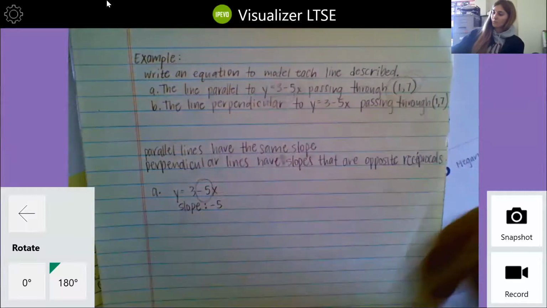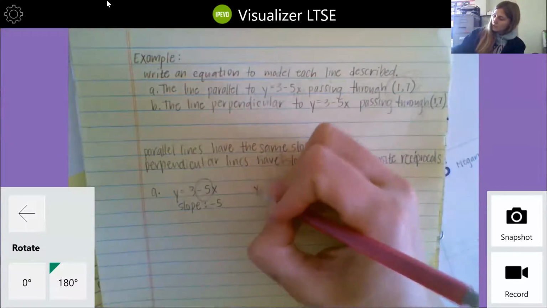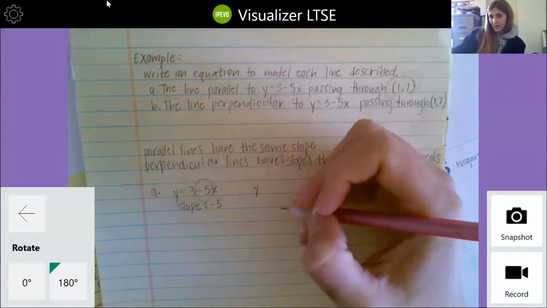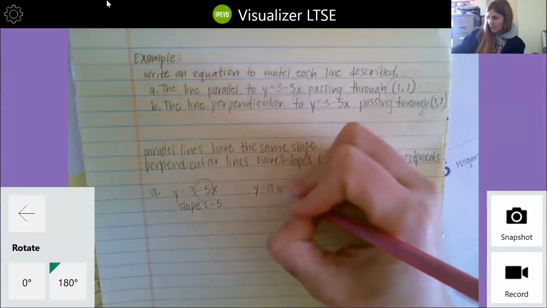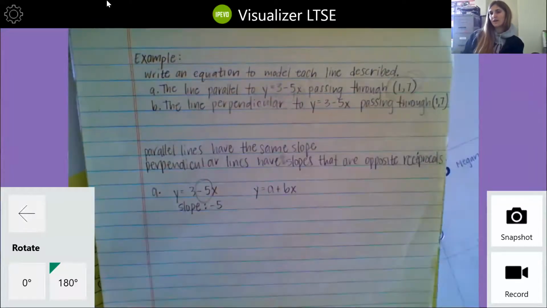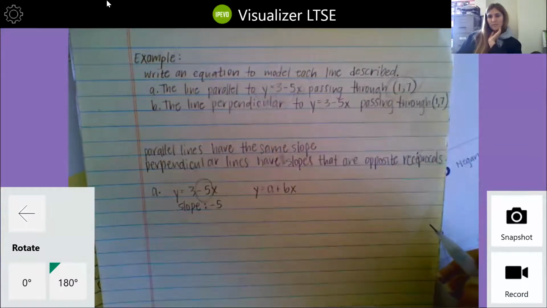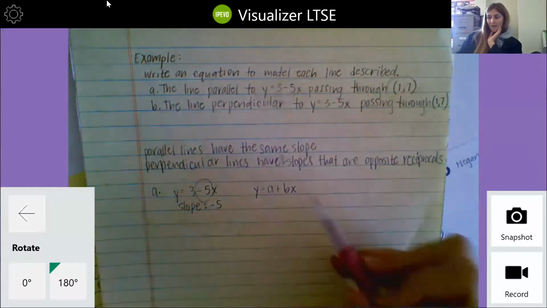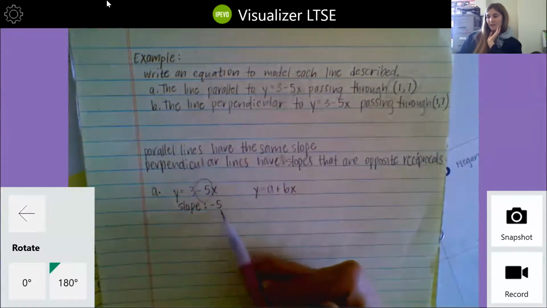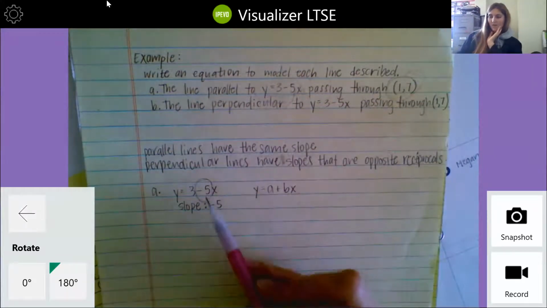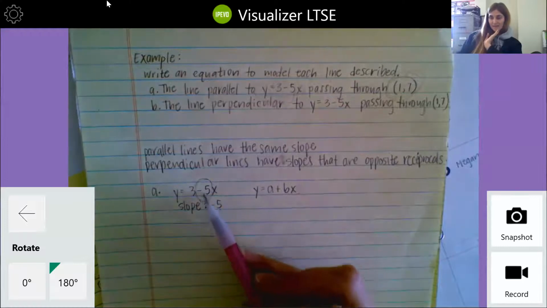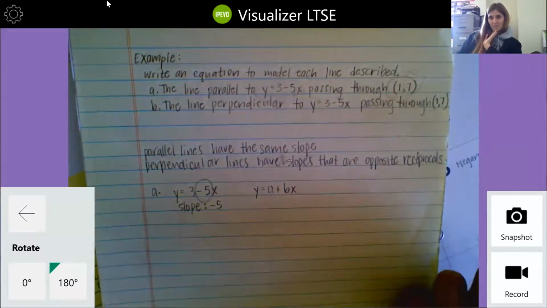So I'm going to start with just my intercept form, y equals a plus bx. This is my new line that I'm writing an equation for. I know the slope of that line. It's going to be -5 because it's parallel to this line, and this line has a slope of -5.